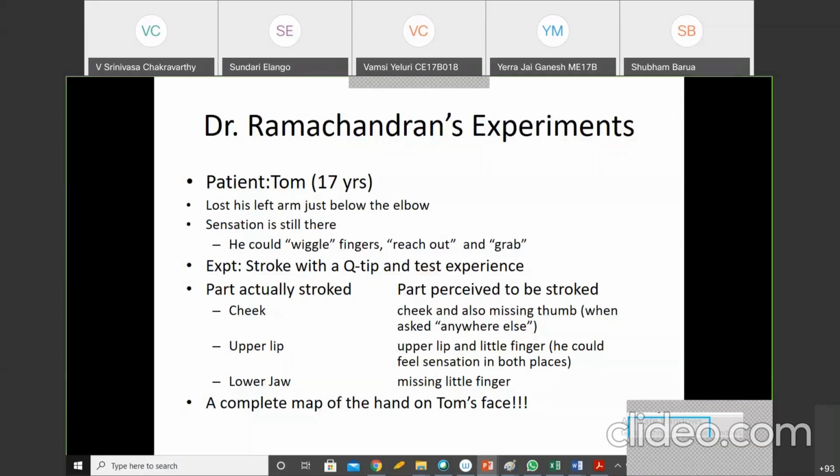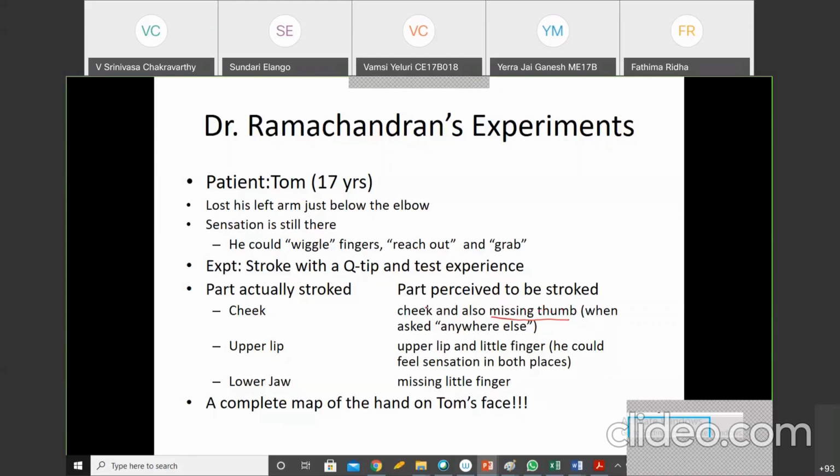The doctor was touching various parts of the face of the patient. When the cheek was touched, Tom felt that the cheek was being touched, and he also could feel a sensation in the missing thumb. That is, he has this phantom limb, right? So the thumb part of the phantom limb was also giving a feeling of being touched.